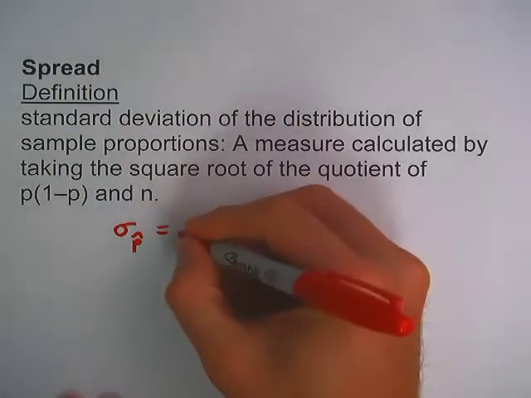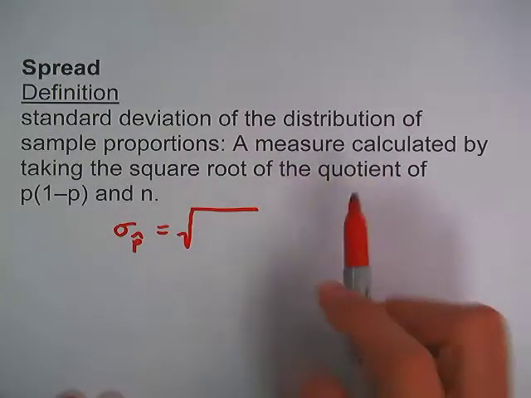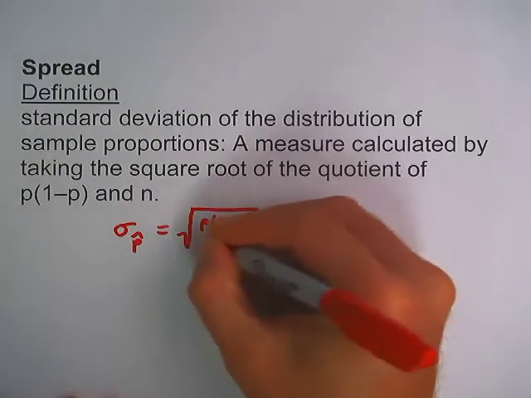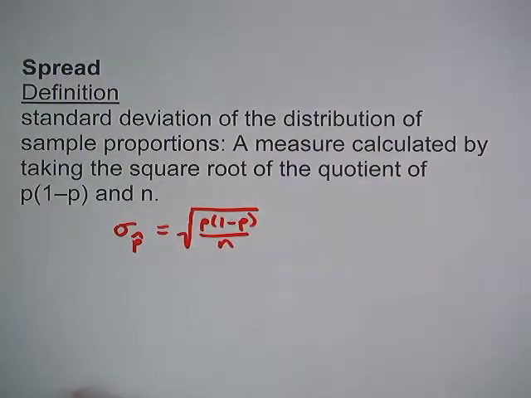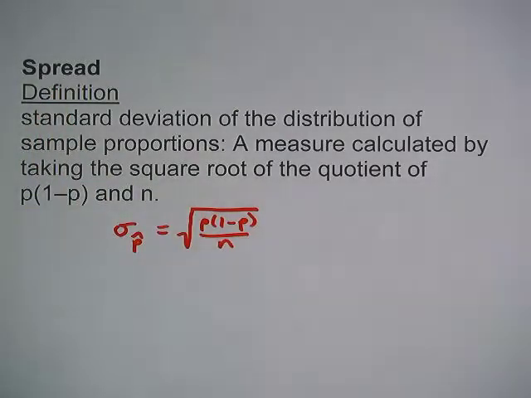That's going to equal the square root of the quotient, again meaning division, of p times 1 minus p over n. So this will give us a way of measuring the spread of the distribution of sample proportions.